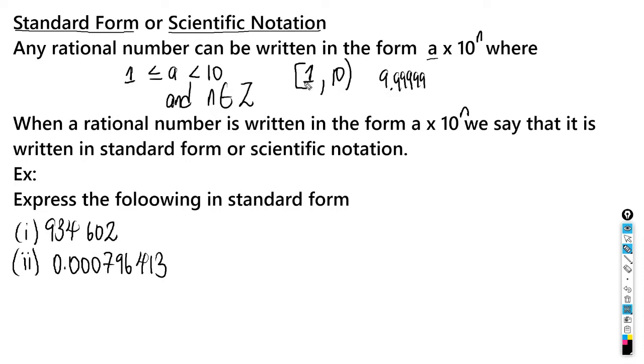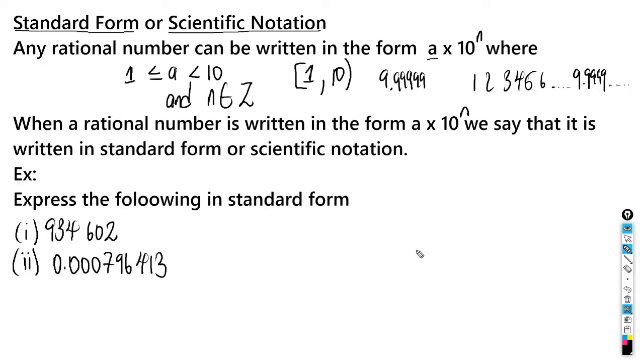So the range is between 1, 2, 3, 4, 5, 6, all the way to 9.99999, and so on. It sounds kind of weird, but I'm just going to give you an example soon.